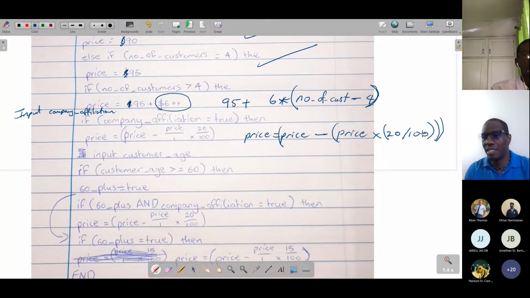So we work out 20 over 100. We multiply that by the price, and then we minus that from the price. So the price we previously got, let's say with 8 people, was what? It was 95, 105, 115 plus 4, 119. So we ended up with 119 minus 119 multiplied by 20 over 100. Because that's what you did just now.